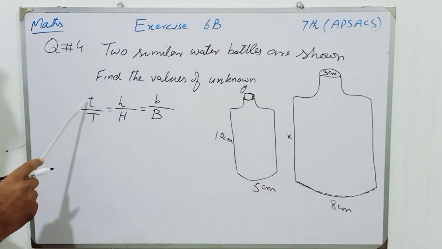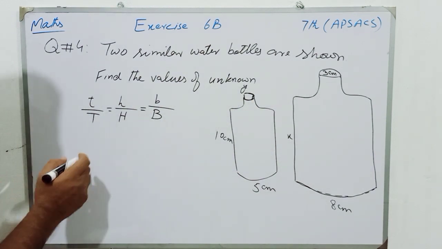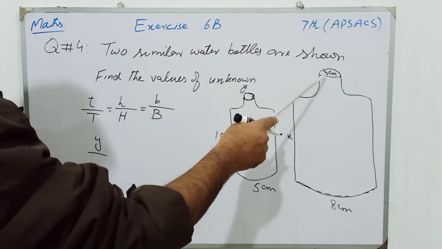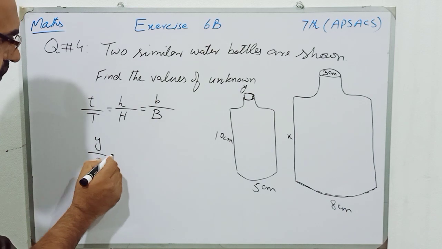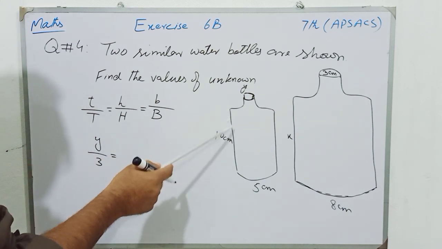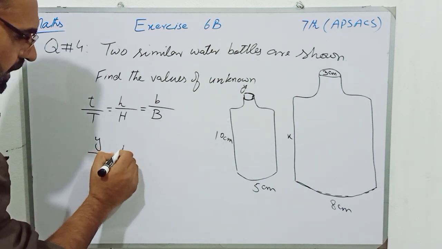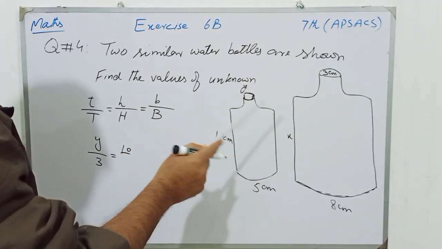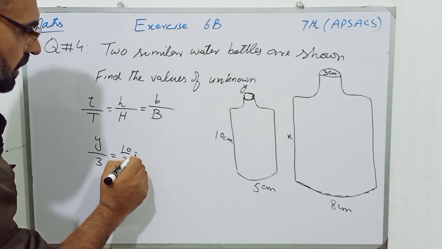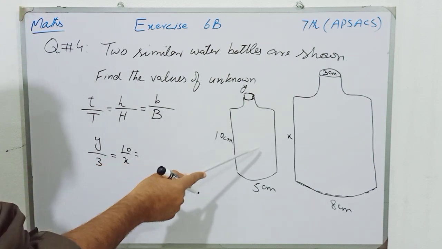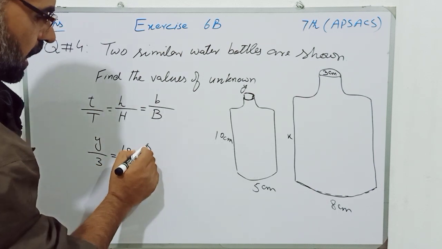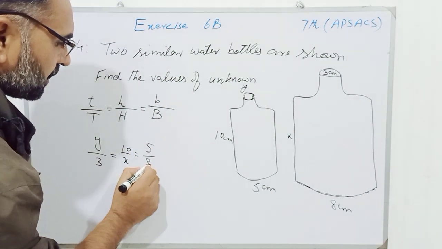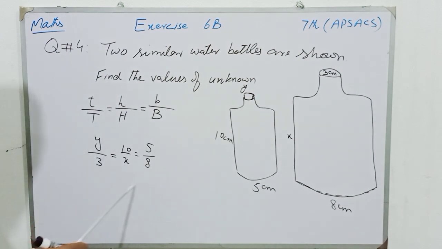So in place of small t I will write y, and in place of capital T we will write 3, is equal to small h, meaning height of small bottle, that is 10, and capital H means the height of larger bottle, that is x, is equal to bottom of smaller bottle is 5 and bottom of larger bottle is 8, and all these ratios are equal.